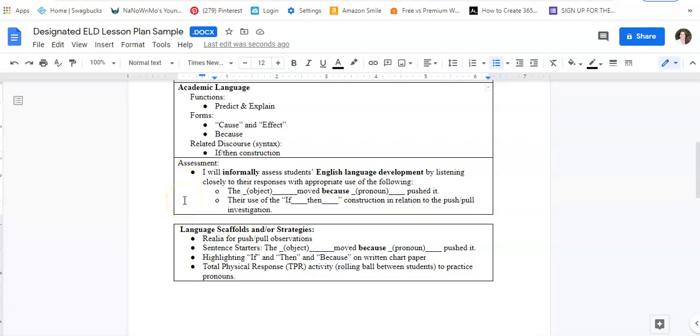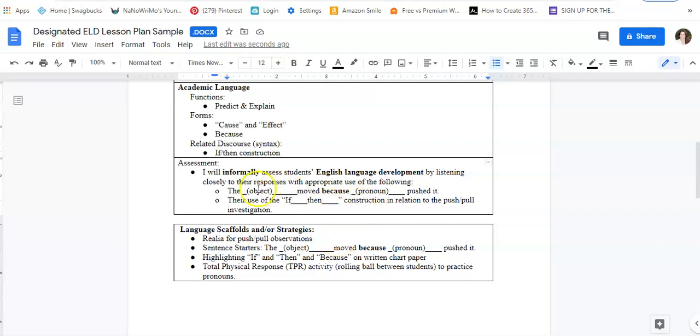So this is what I'm looking for. That the students are using this sentence stem here. The blank moved because blank pushed it. Okay, and it could be an object, you know, the Matchbox car moved because Braden pushed it. Okay, I'm also going to be looking for their use of the if-then construction in relation to the push-pull investigation.